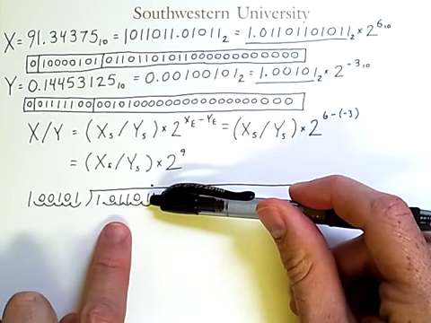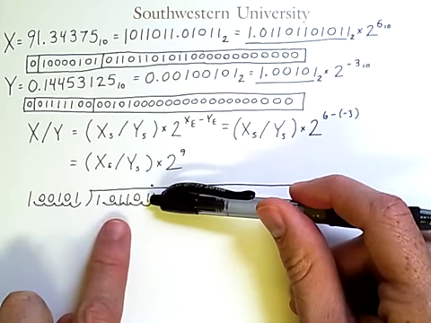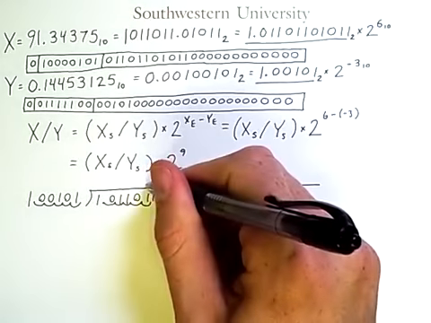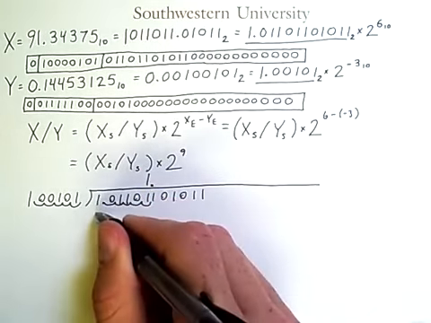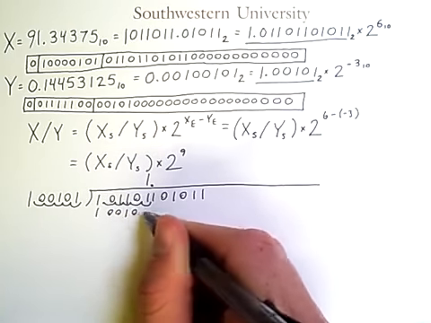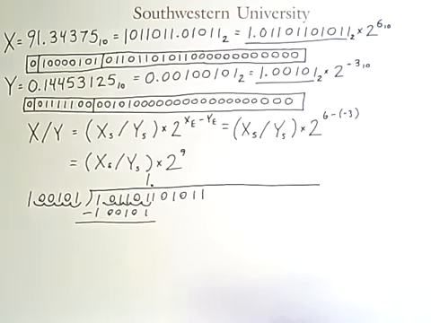Now it happens to be this number happens to be larger, therefore this number can fit into it one time. 1 times that number gives us 1, 0, 0, 1, 0, 1. And then we subtract and carry on as we would with normal long division.